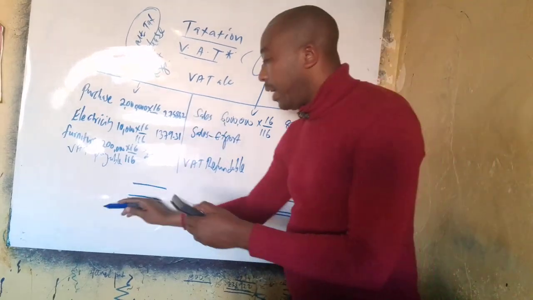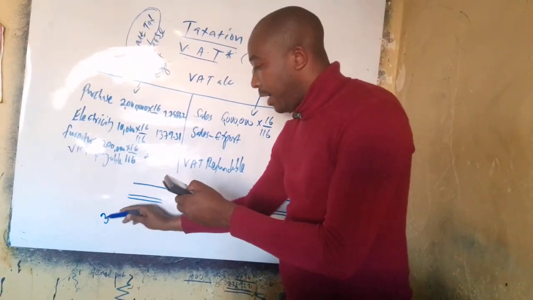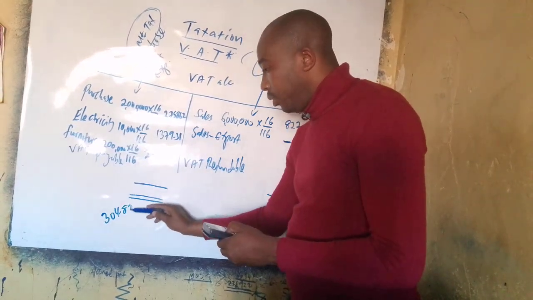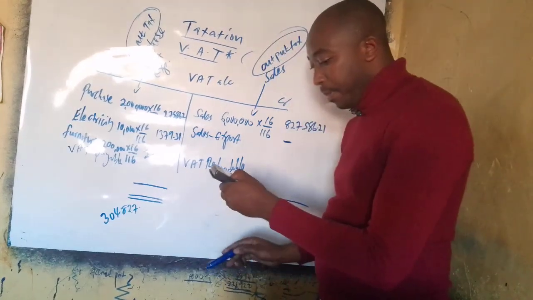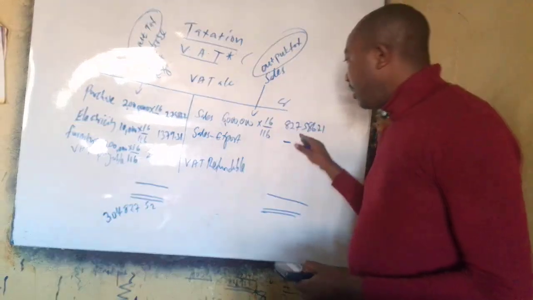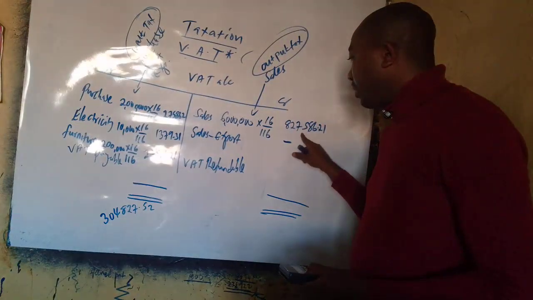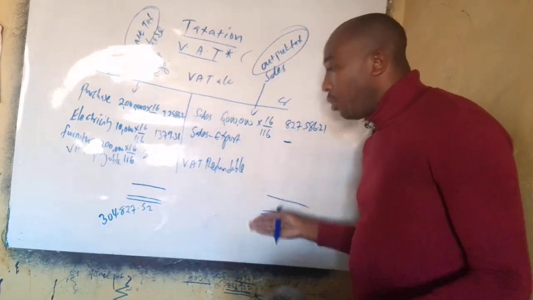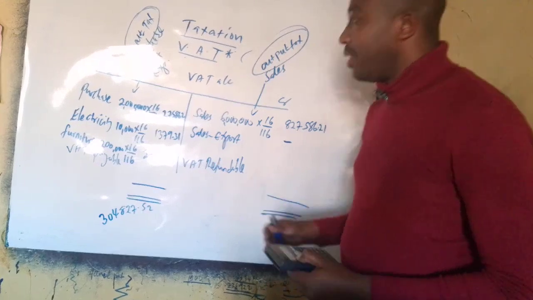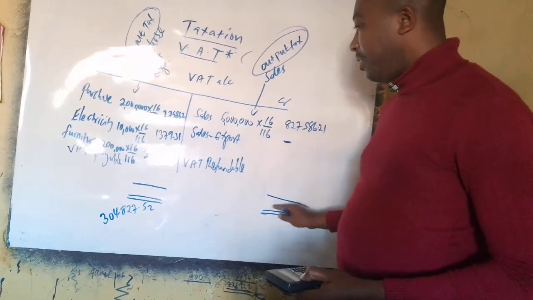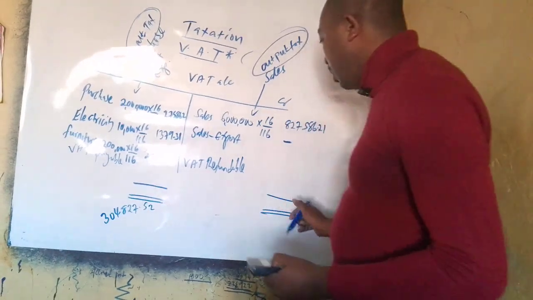My input tax is adding up to 304,827.52. Let me see this side. My output tax is 827,586.21. And as you know, when we are balancing the account, the higher amount gives us the total for both sides.